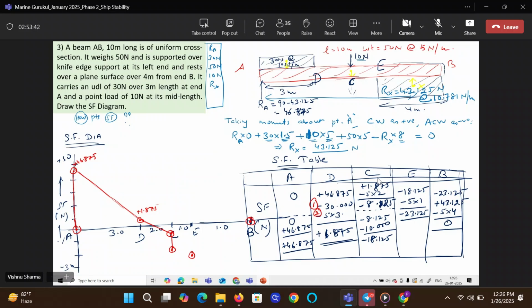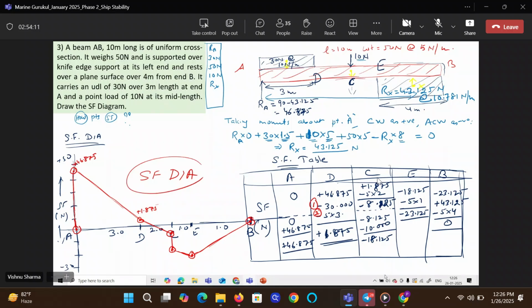Then from C to E, the change is because of the weight of the beam. Again, uniform. Then from E to B, the change is because of the weight of the beam, which is uniform, and the reaction, which is also uniformly distributed. So the change will again be uniform. And this is the SF diagram of this question.